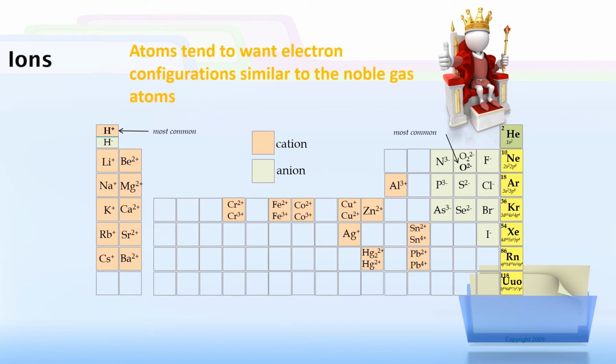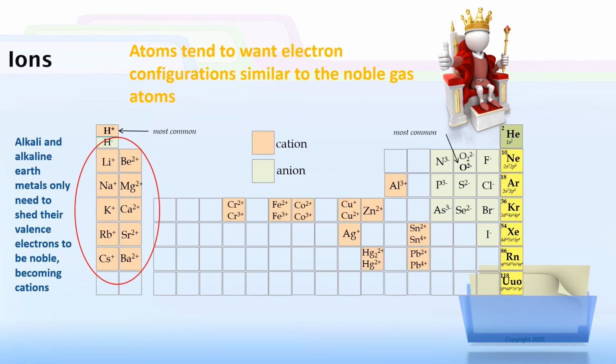Atoms tend to want electron configurations like the noble gas atoms, especially the alkali metals, alkaline earth, and the halogens. Alkali and alkaline earth metals only need to shed their valence electrons to be noble, becoming cations, and they only have one or two outer electrons to deal with respectively.